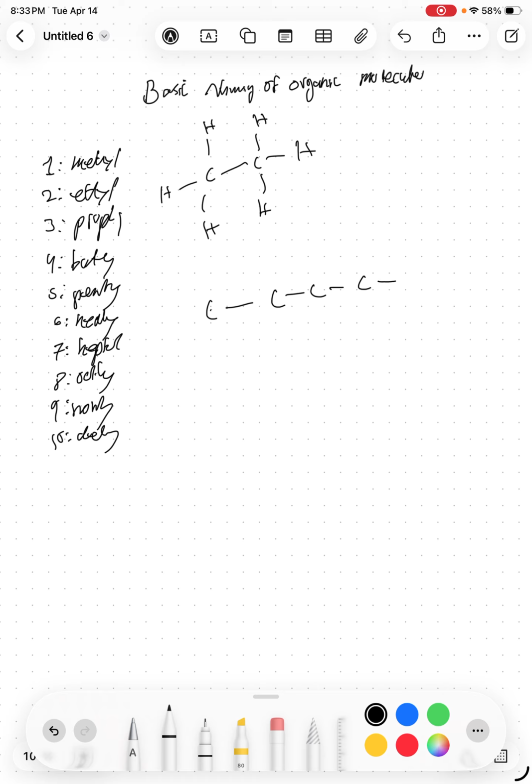And then you would have put hydrogens around and around and around. Oh Lord, that took me forever. So probably you'll be thinking, what's the point of just drawing hydrogen bonds? It would take you decades.